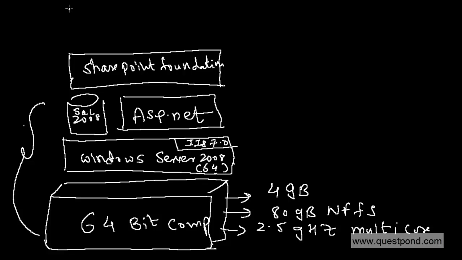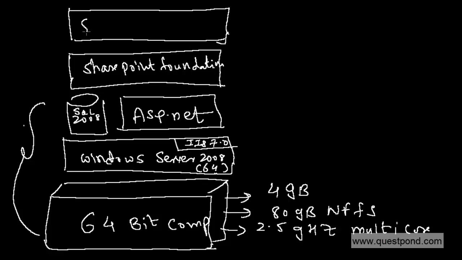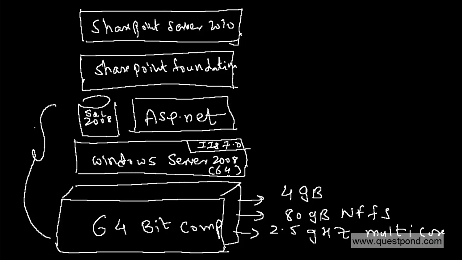And then on top of this, in case you have paid money and bought SharePoint, you can install SharePoint Server 2010. So that's the complete hardware and software requirement for SharePoint. If you want to minimally run SharePoint, these are the necessary requirements you need to fulfill.